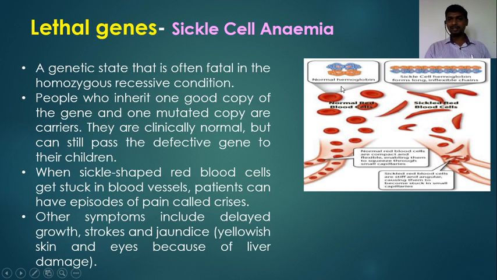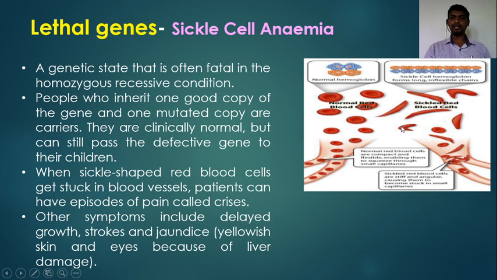Here in this picture we see the normal red blood cells, which are oval or rounded in shape, while the homozygous recessive individuals have sickle shaped red blood cells, like a sickle or an axe shape.